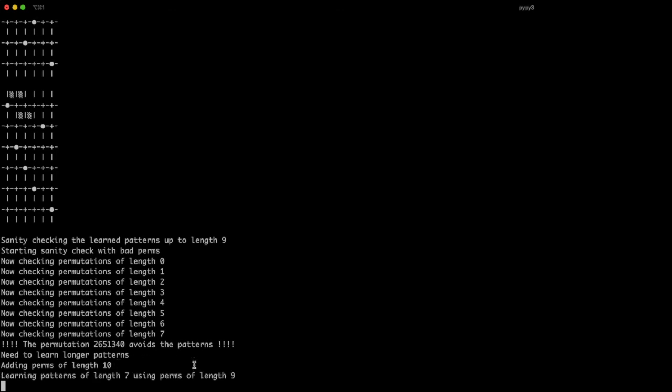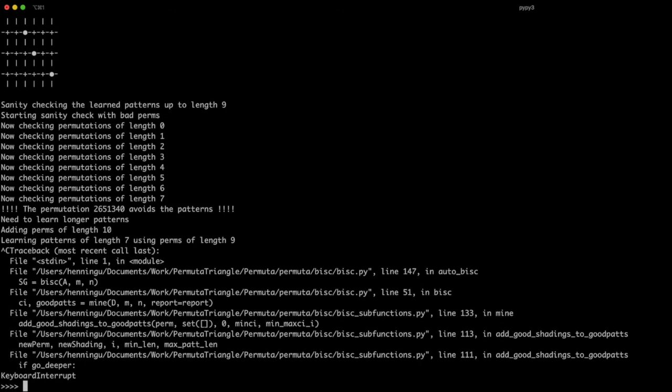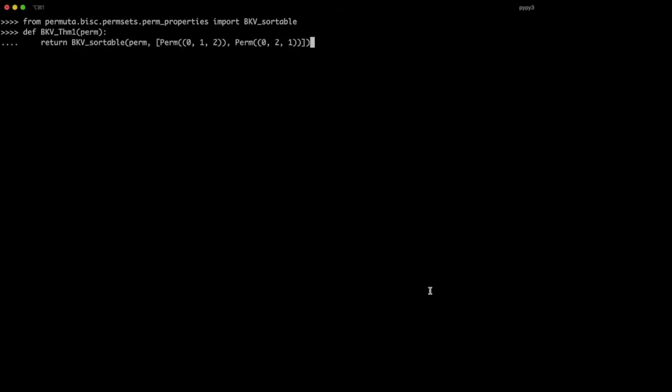I want to highlight some successes though, so let's stop it and clear the screen. I want to import something called BKV sortable from a recent paper by Anders Claesson and co-authors. And there are some theorems in there that we can define the property for.